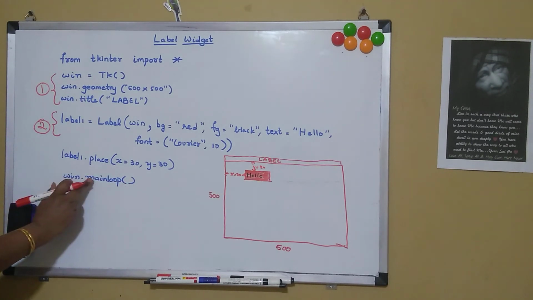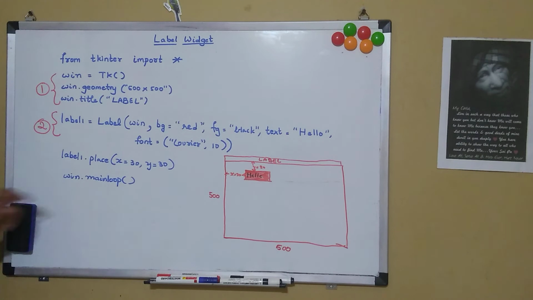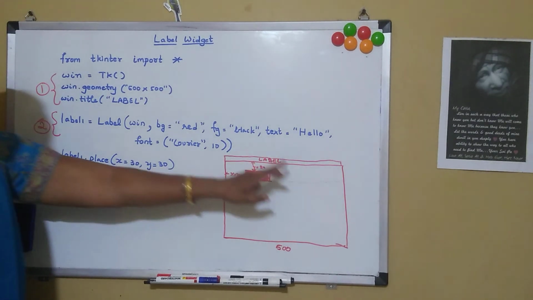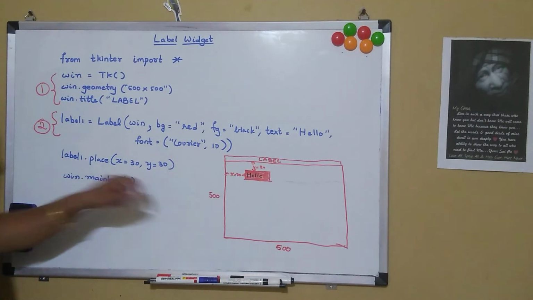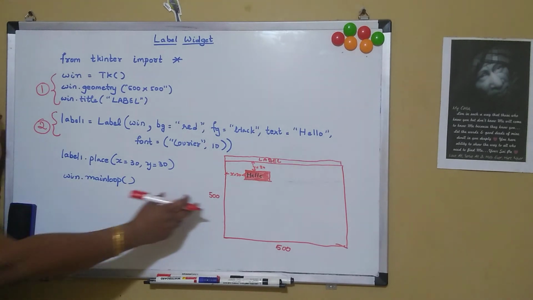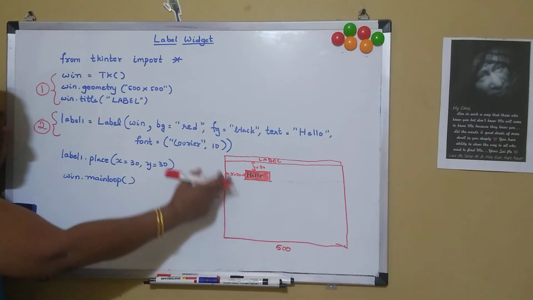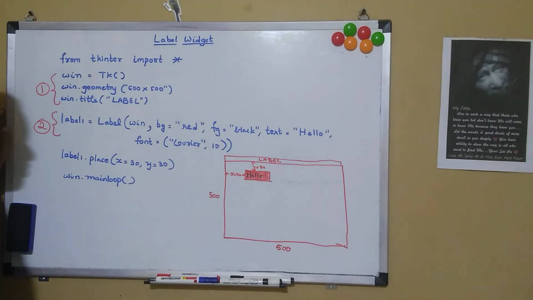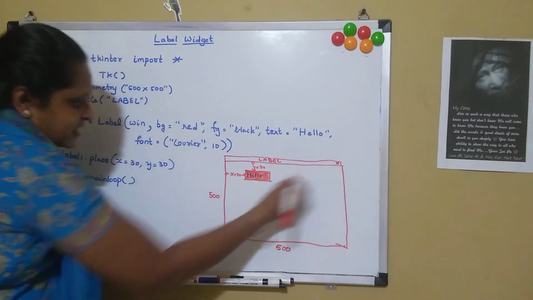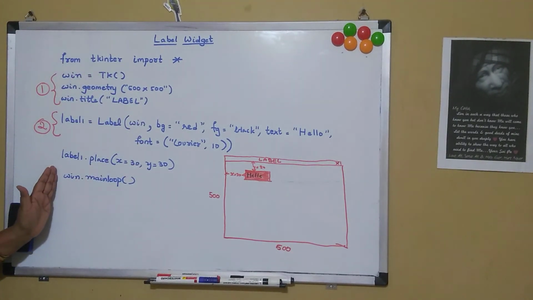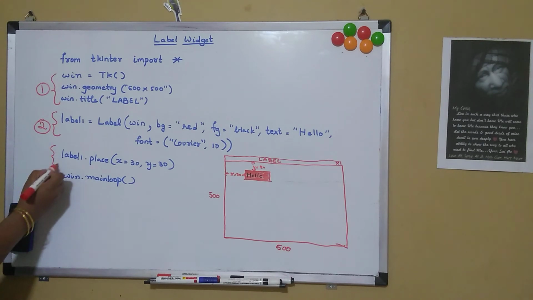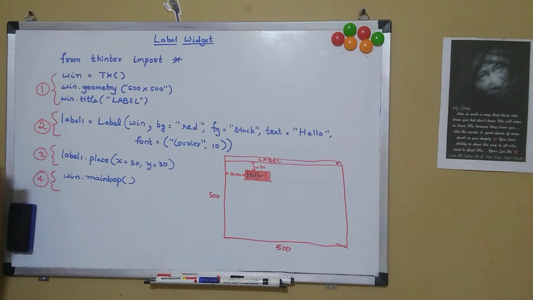Then I am calling win.mainloop. So a main event loop will be created which will take care of processing whatever is happening within the screen. Once we close this main screen, the event loop will get terminated. So placing is the third step and the event loop is the fourth step.